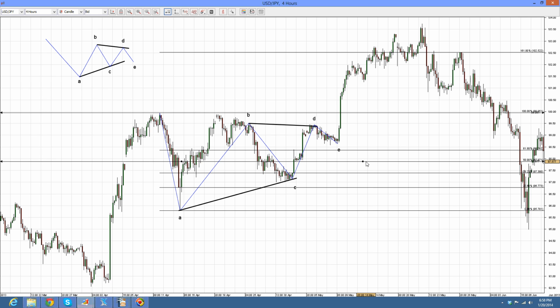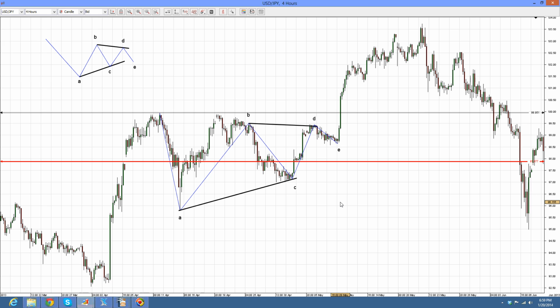Now, let me make it a bit bigger. If your count prior to this moment is bullish, so you are looking for the contracting triangle to be found by the end of a 4th wave or B wave, so you're looking for the contracting triangle to be a continuation pattern, then the 50% line would be ideal to buy call options based on the triangle, as there is a strong tendency for the triangle to end above the 50% line by the time it is closing, as it is here.